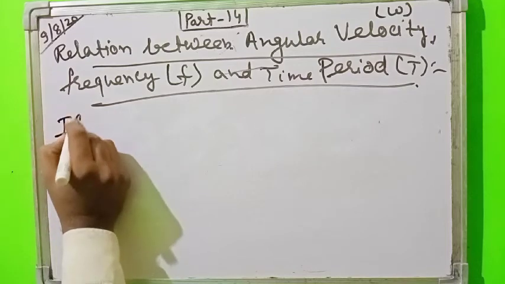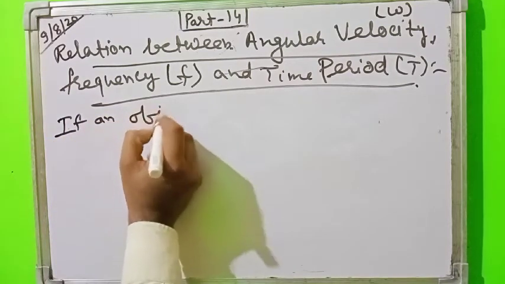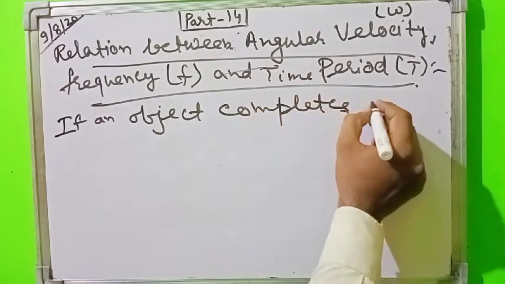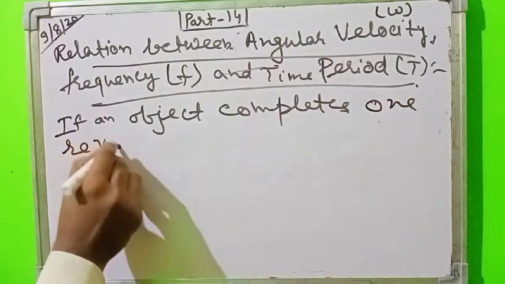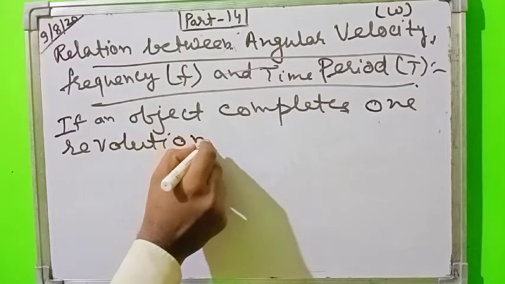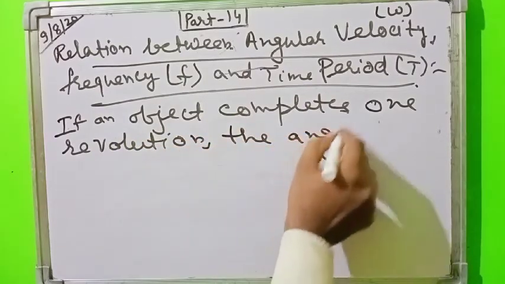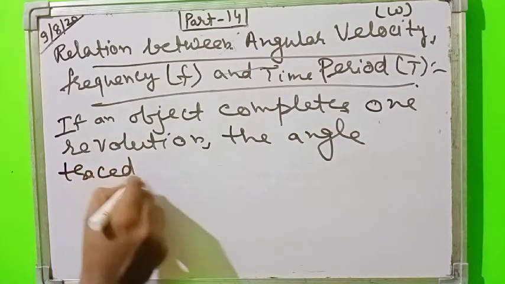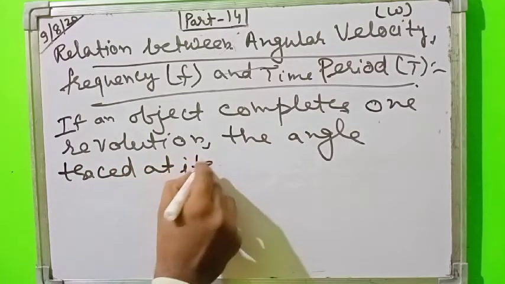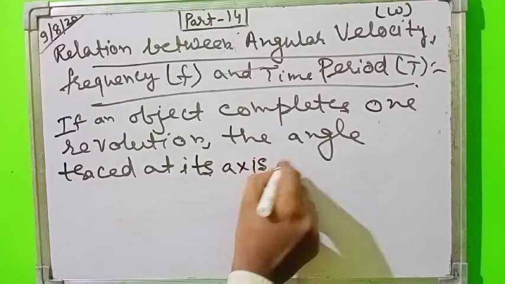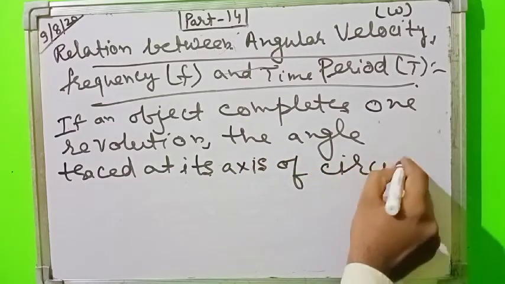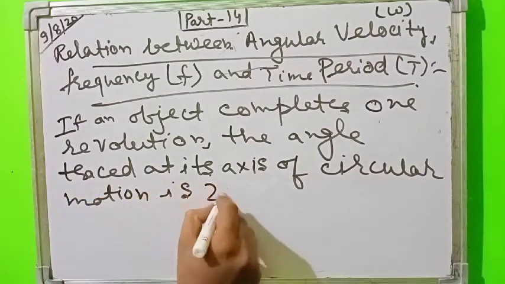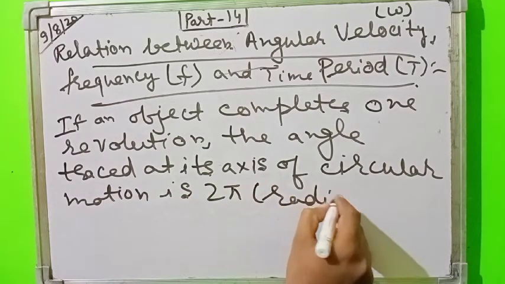So if an object completes one revolution, the angle traced at its axis of circular motion is 2 pi radian.